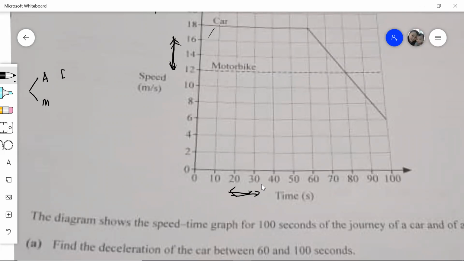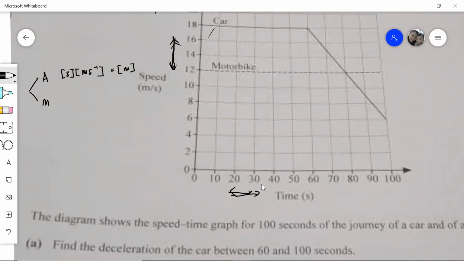So the base is in terms of seconds, and the height is in terms of meters per second. Therefore, if you multiply this, you will have derived the unit in terms of meters. That means for the speed time graph, if we find the area under the curve, we will get the displacement, or the distance traveled.